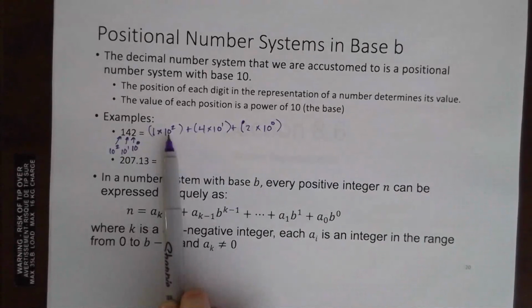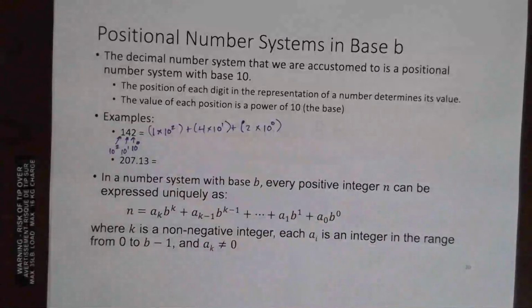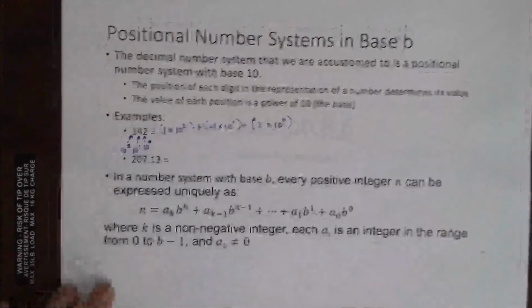That's what makes it a positional number system. If you think about Roman numerals, for example, it's not a positional number system. Sometimes you subtract the numbers, sometimes you add them, depending on whether the small one comes first. That's why it's hard to add them up, because it's not positional.